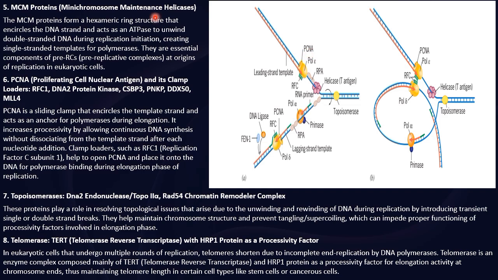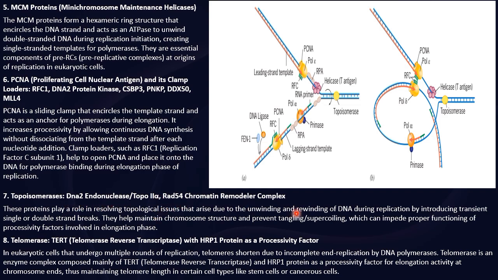Now, the next processivity factor is topoisomerase. Some examples of topoisomerase are DNA2 endonuclease, topo2 alpha, chromatin remodeler complex.